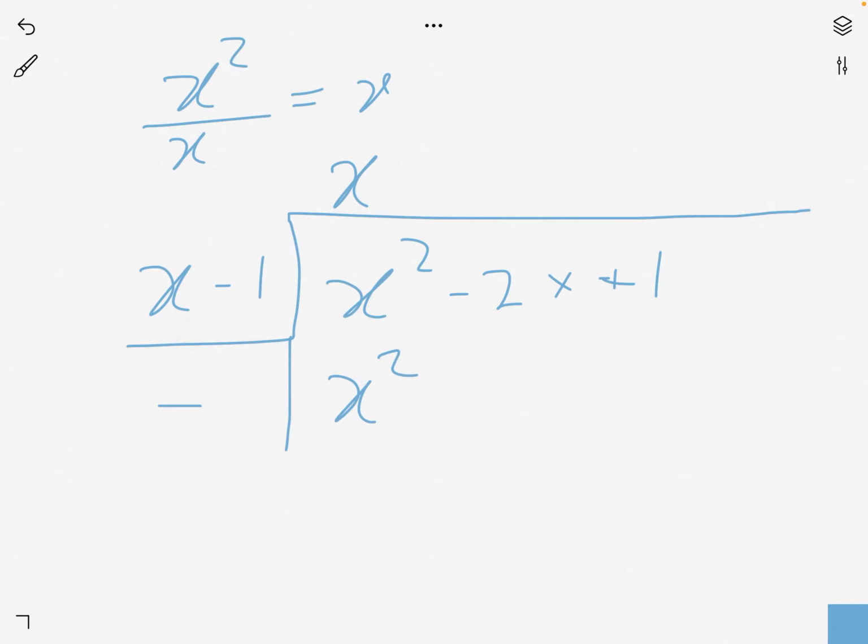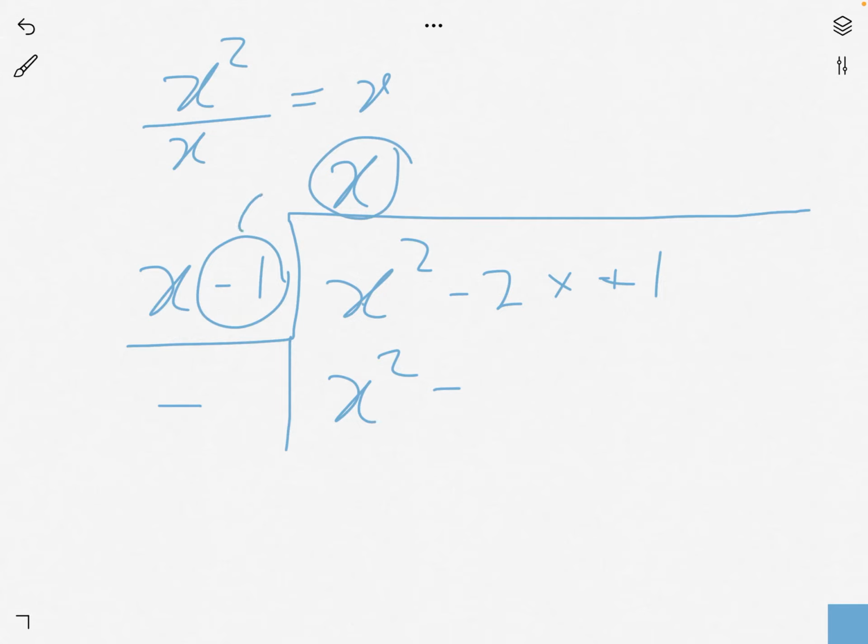Because I have put x in the quotient, I can't just say x squared and start dividing again. I cannot just say, how many times does minus 2x go into x? What I need to do is multiply minus 1 with x. Do not divide, multiply the second term with the quotient.